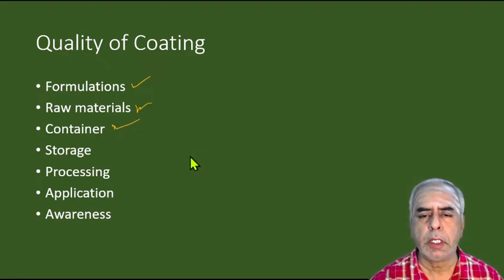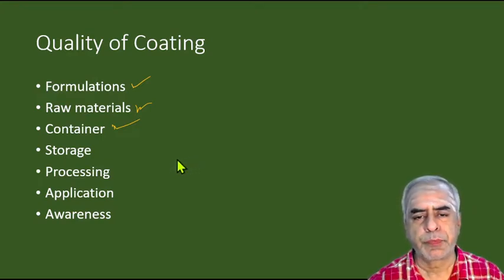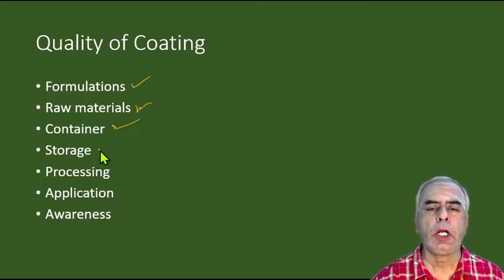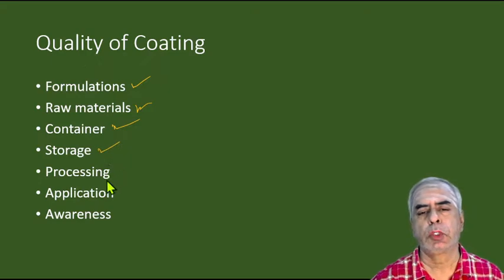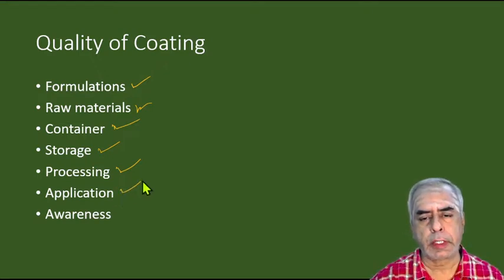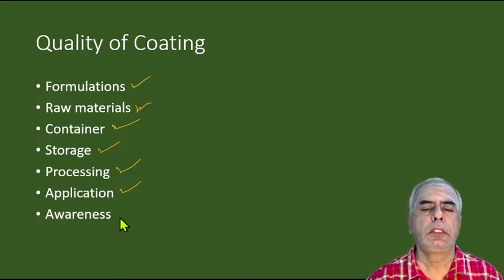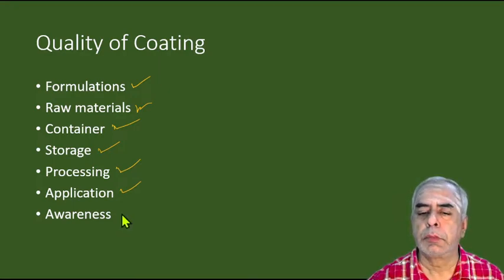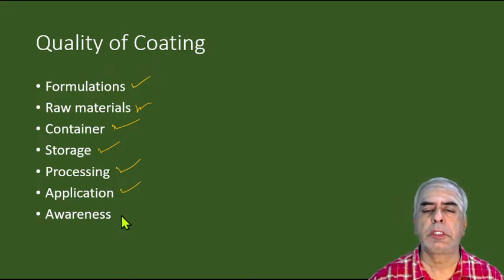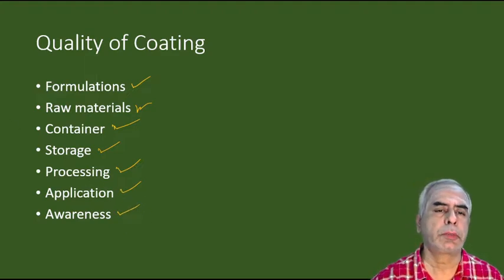It takes a very significant role in paint industries. Then how it is stored and processed, then how it is applied at the customer's end, and with all that, the customer should have the complete awareness about the usage of the paints.